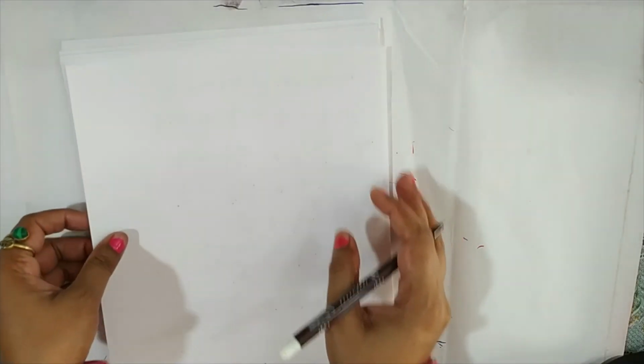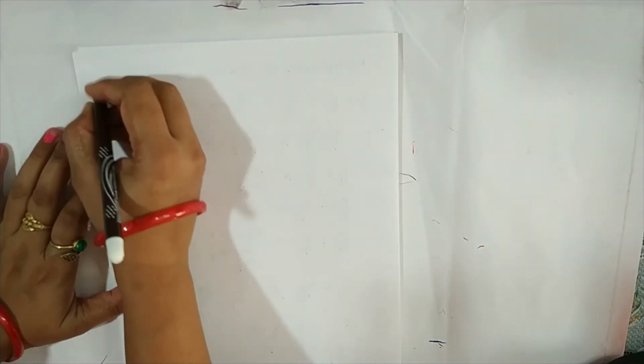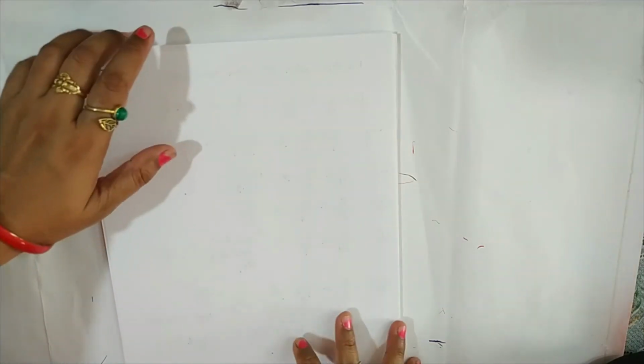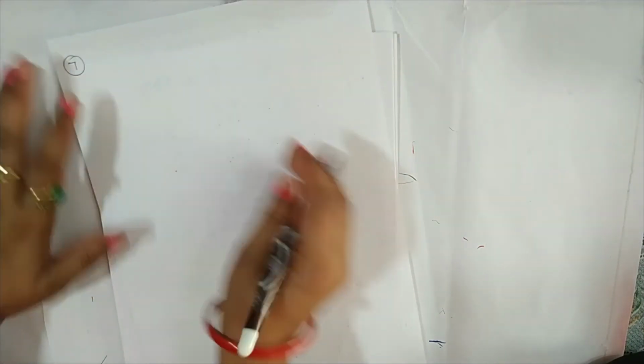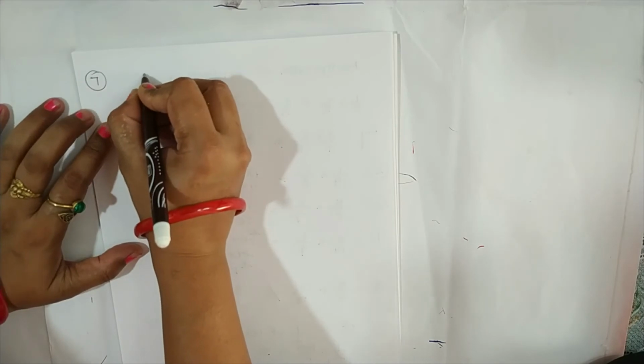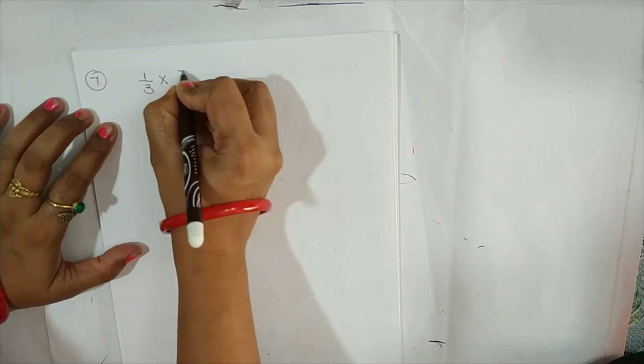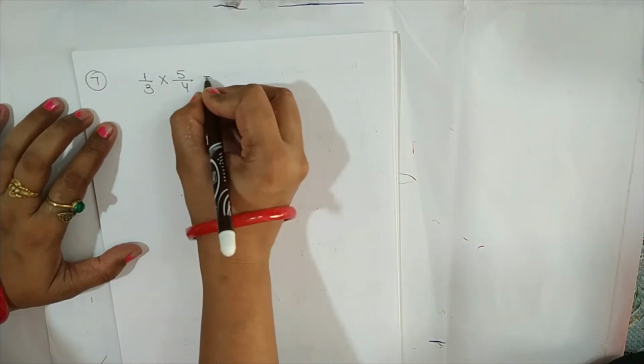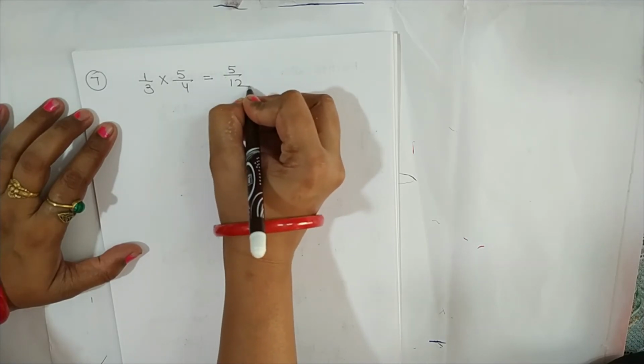Okay. Now the last point you have to remember: suppose you are multiplying one proper fraction and one improper fraction. The answer will be 5 upon 12.